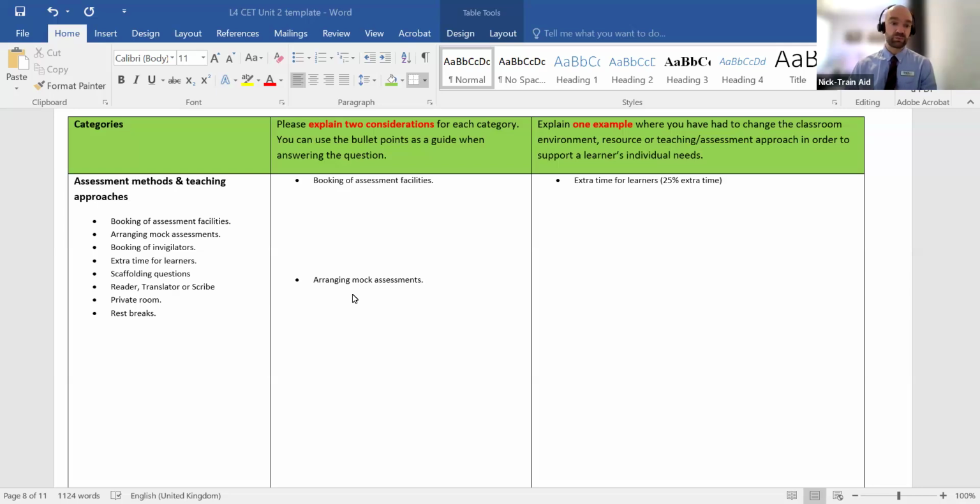And also with regards to mock test papers, it could be asking colleagues to proofread the test paper that I've created, so my learners are able to confidently answer any questions that is put forward to them.